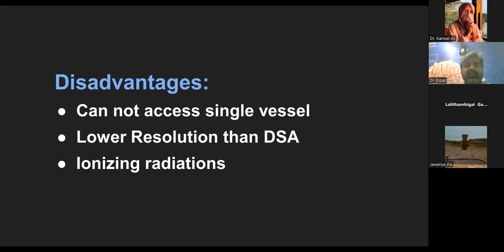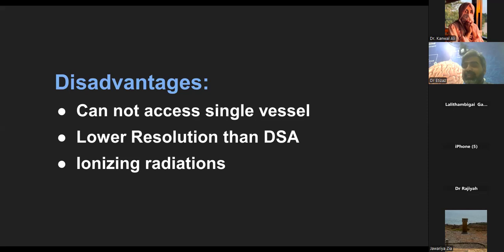What are the disadvantages of CT angiography? We cannot assess a single vessel like the DSA. DSA has the quality that if you want to see only the anterior cerebral artery, you can do that, but you cannot do CT angiography for only one cerebral artery. You have to go for the whole brain circulation angiography.